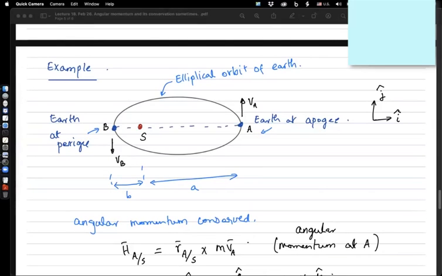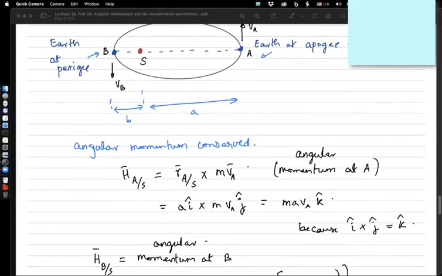For these two limits, this moment arm was perpendicular to the velocity, so the angular momentum was just this distance times the mass times this velocity, this distance times this speed. But if you take some other point here, the two things are not perpendicular. So the cross product is a bit more subtle.